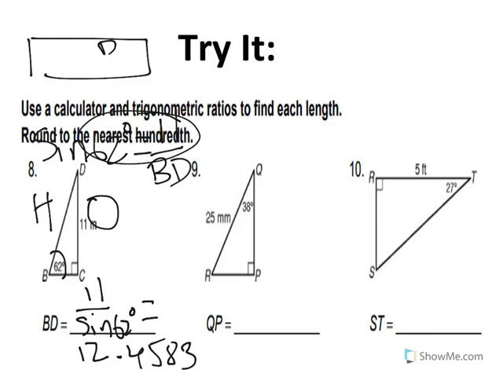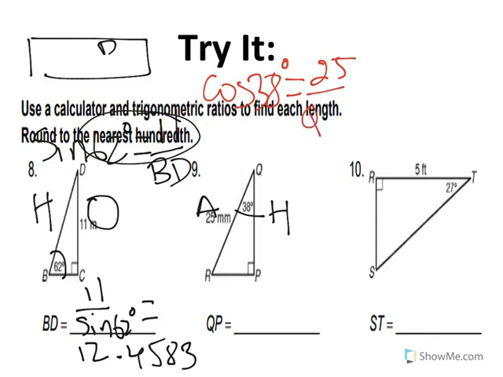And for number 9, we're looking at this angle and solving for PQ, so we have adjacent and hypotenuse. So we have to use cosine. Cosine of 38 degrees equals adjacent over hypotenuse.